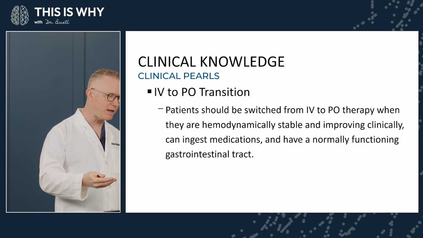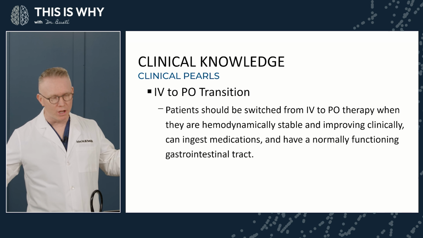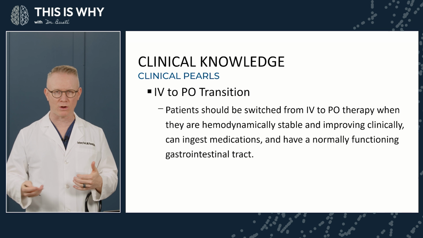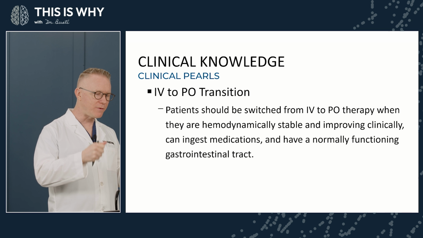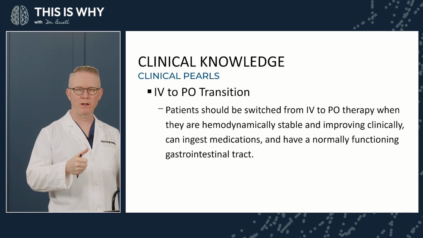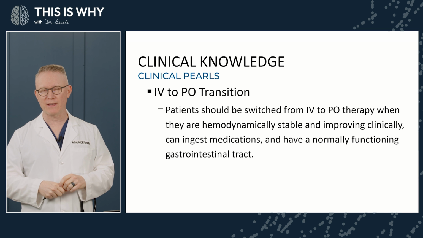Why do we want them to be hemodynamically stable? Because you need good blood perfusion to the GI tract to absorb it for bioavailability and adequate concentrations in the body, okay? So if they're able to use the gut and they've got good perfusion and there's nothing interfering with it, then you need to really give that consideration.